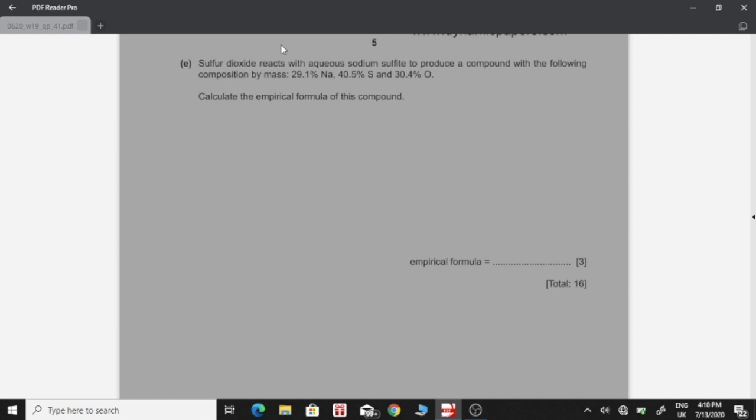Okay, so to calculate the empirical formula, let's start with writing the symbols of the elements. We have sodium, sulfur, and oxygen. Now we're supposed to calculate the number of moles. So for the number of moles, we're supposed to have the mass and the molecular mass. In this case, we're going to be using the percentage as the mass over here.